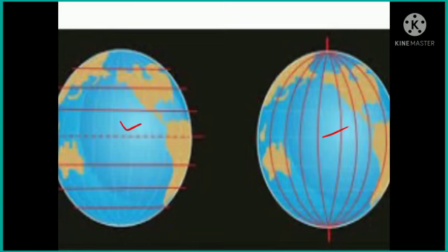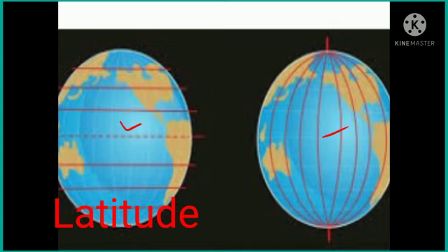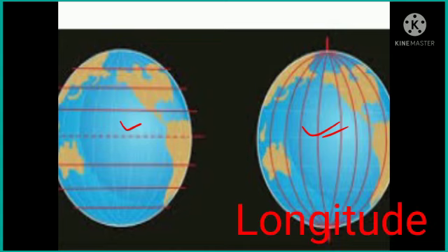Here you can see horizontal lines on the left side. These horizontal lines are known as latitudes. These are lines of latitudes. And on the right side, you can see vertical lines, and these vertical lines are longitudes.